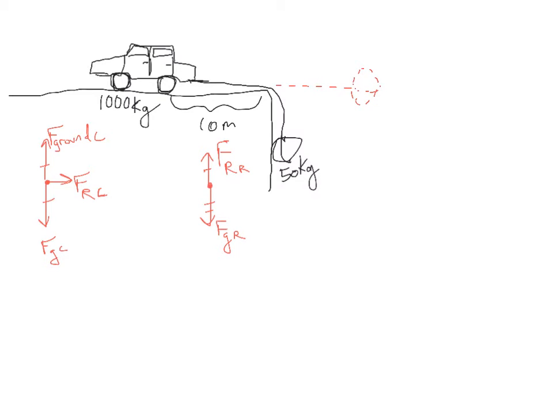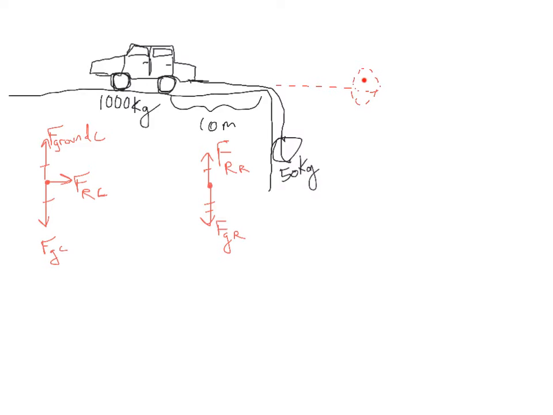Is that pretty good? No, it's not terrible. I'll tell you that. So here's what's happening. The rock is being pulled downward by gravity, which is pulling this way on the car. So let's just pretend that this whole thing is doing this, okay?